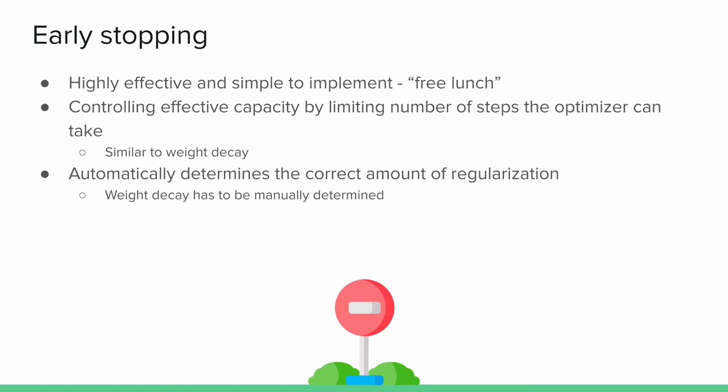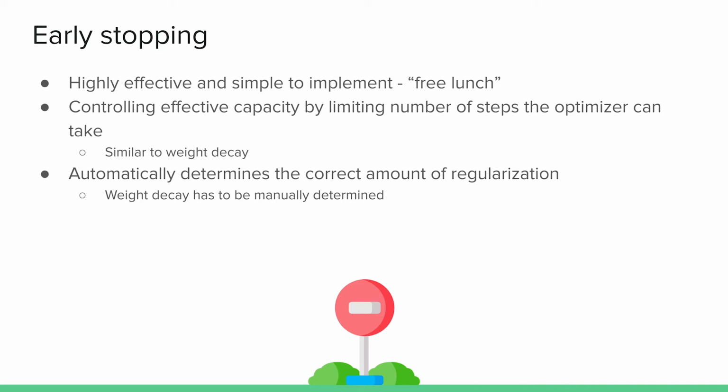The effect of this early stopping is that we control the effective capacity by limiting the number of steps the optimizer can take. Weight decay does a similar thing. If our weights decay towards zero, we are limited by that amount of steps that we can take in our network. If we take too many steps with a too high weight decay, all of our weights will be just zero.